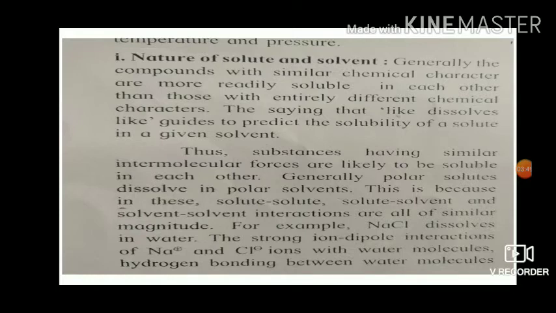Like dissolves like means liquid solvent and liquid solute dissolve easily into each other. If we take liquid solvent and solid solute, then it takes some more time.